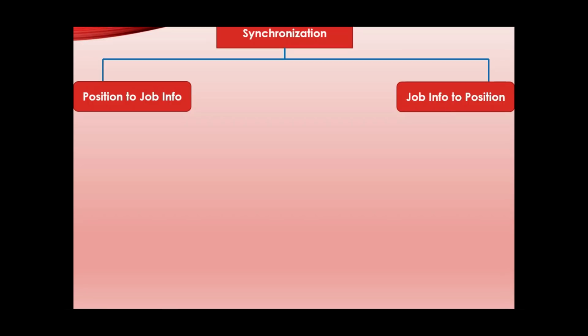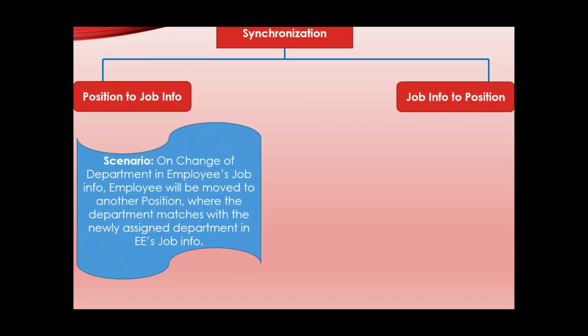As usual, to discuss this topic, I already set up one scenario today. Let's check out what the scenario is. The scenario is: on change of department in the employee's job info, the employee will be moved to another position where the department matches the newly assigned department in the employee's job info.